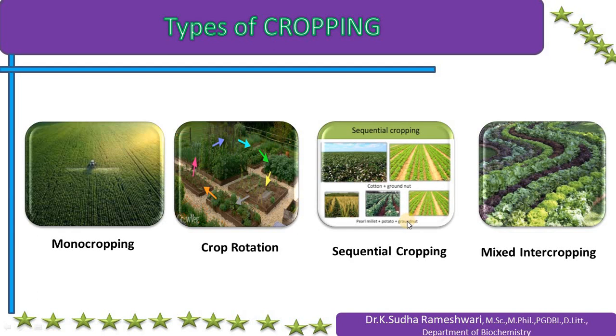So next is sequential cropping. Sequential cropping involves growing two or more crops within the same field, one after the other within the same year. In a few places, the rainy season is long enough to develop two crops, either two main crops or one main crop followed by a cover crop.